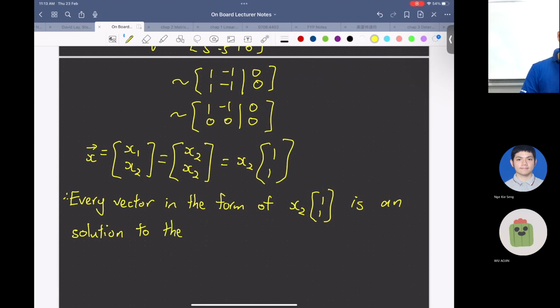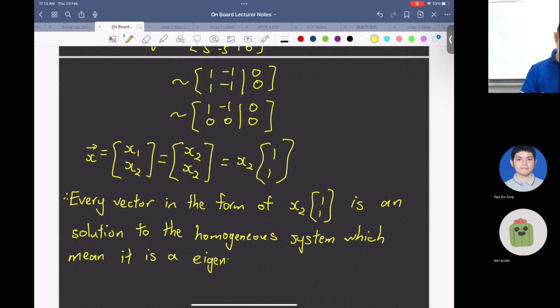To the homogeneous system. Okay, system, which means it is an eigenvector corresponding.